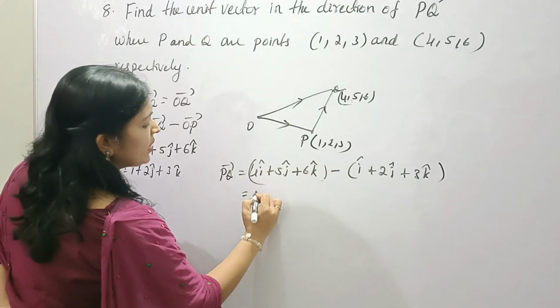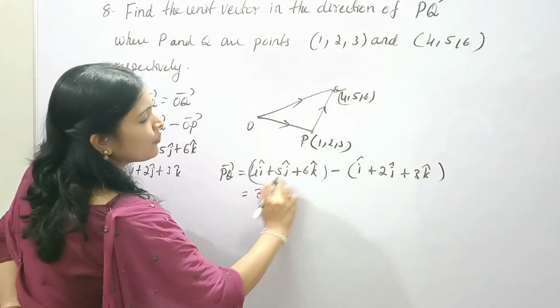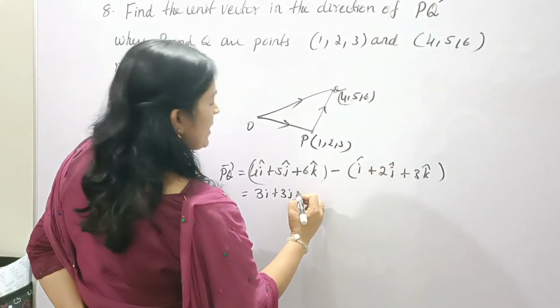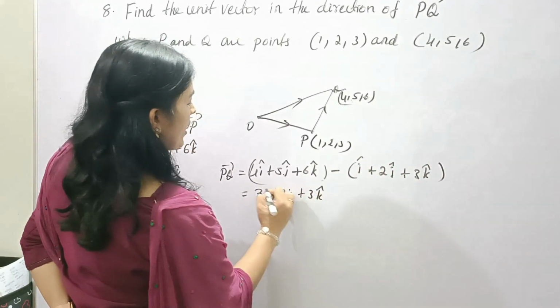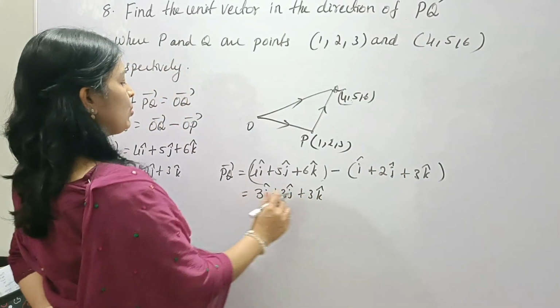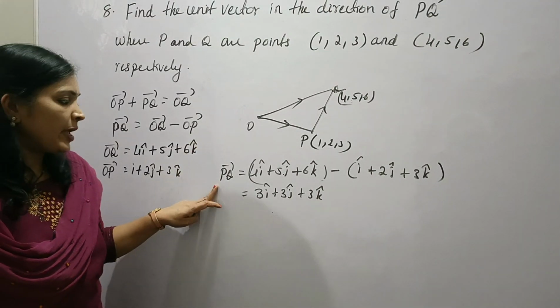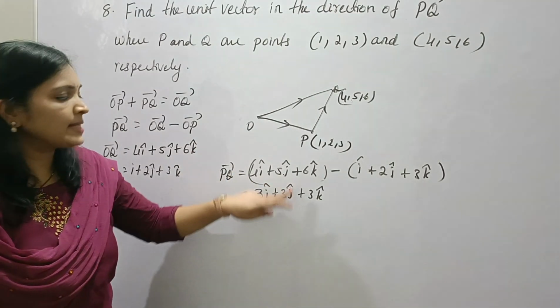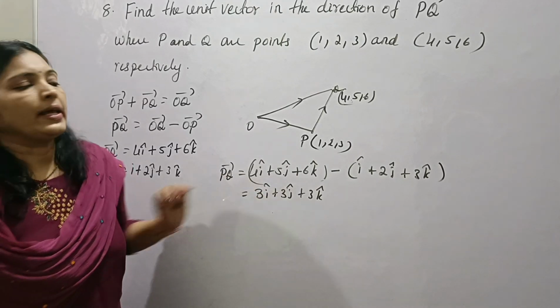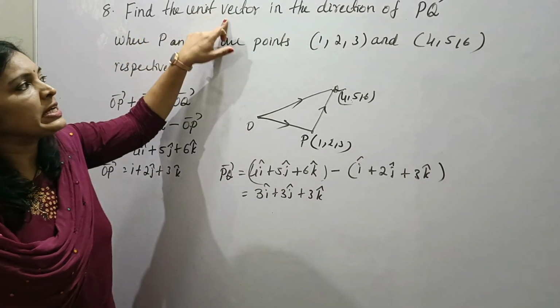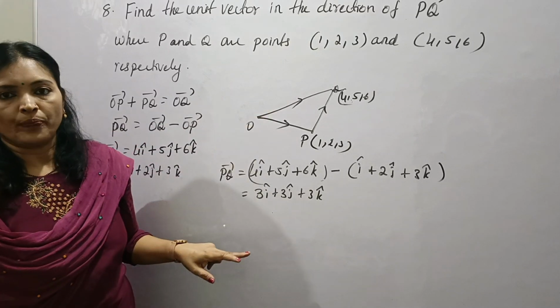That is 4 minus 1, 3i, 5 minus 2, 3j, 6 minus 3, 3k. So vector PQ is 3i plus 3j plus 3k. Then next we need to find the unit vector in the direction of vector PQ.